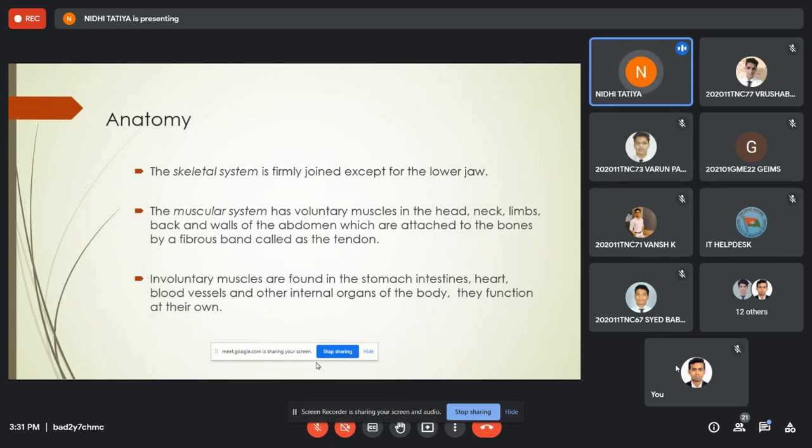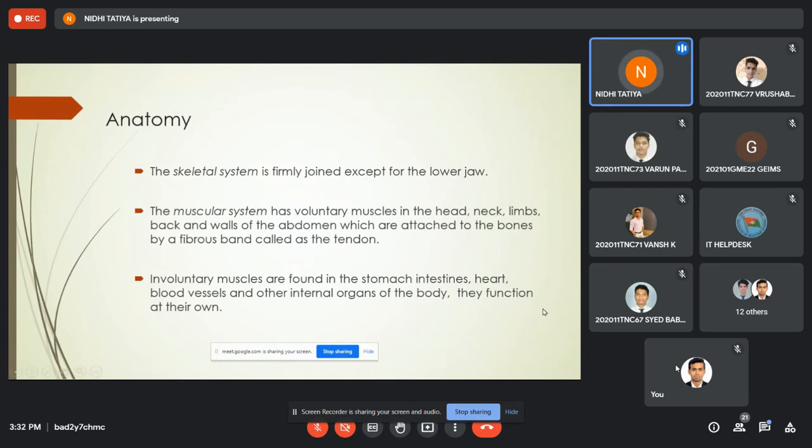If you ask your hand to raise up, will it raise? Yes. But if you ask a stomach muscle to dance, will it dance? No. For Baba Ramdev it might, but not for normal people like us. So whatever is inside, say, muscles of the stomach, the intestine, the blood vessels, these are all called the involuntary muscles, and whatever is outside is called the voluntary muscles.